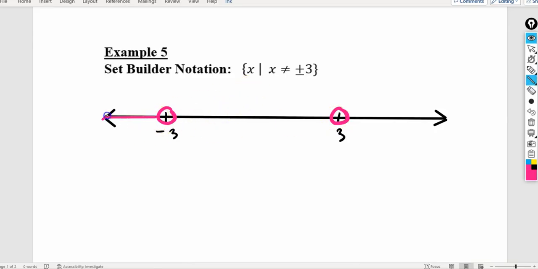So it's going to be everything else except -3 and +3. So x can be anything in the red. It's any red number on this number line. So this set builder notation and this number line are saying the same thing.